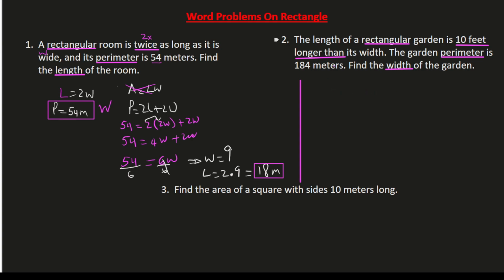So the first thing, let's sketch another rectangle. Okay, let's sketch this rectangle here. We get the L and we get W here. But the length, if we go back and read the problem, the length of this rectangle is 10 feet longer.